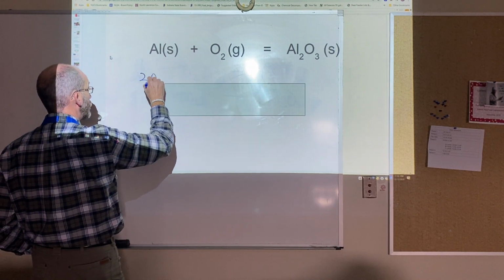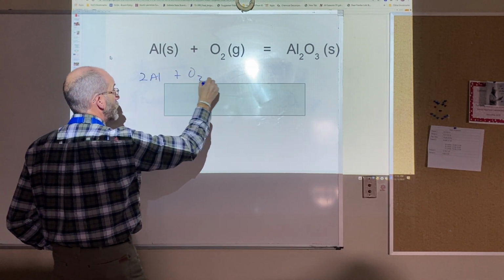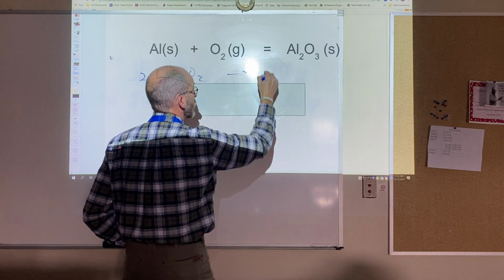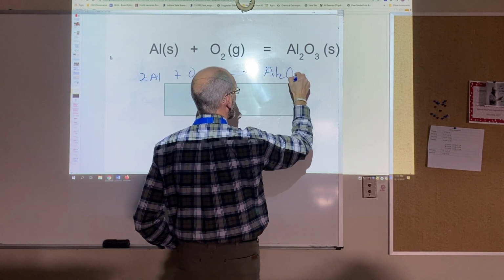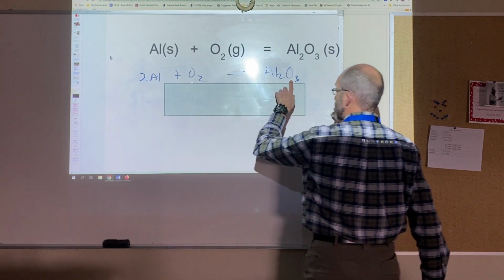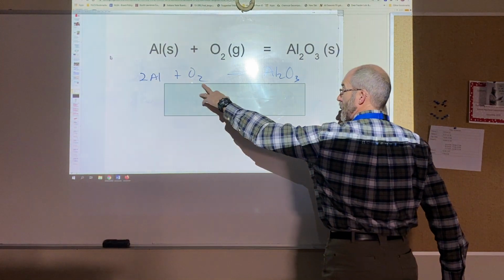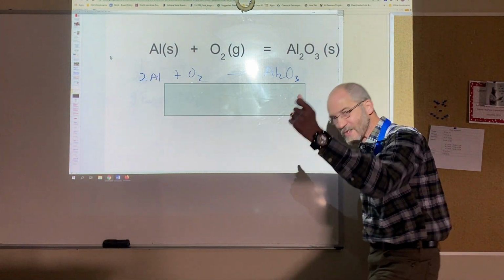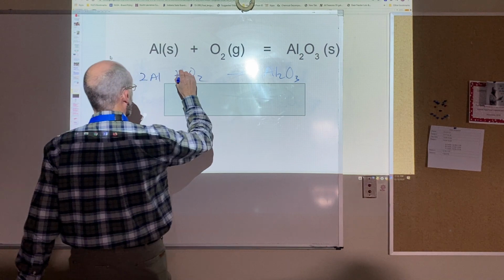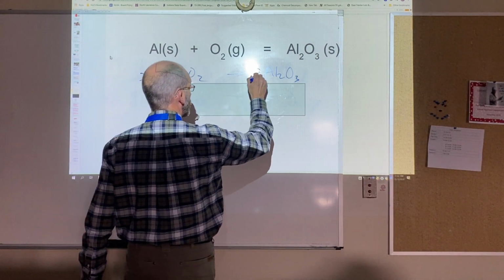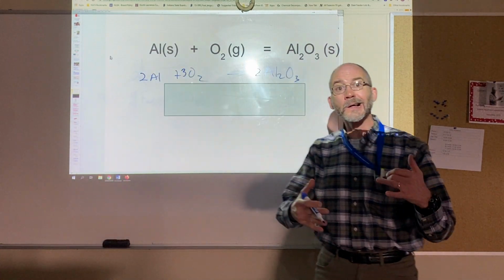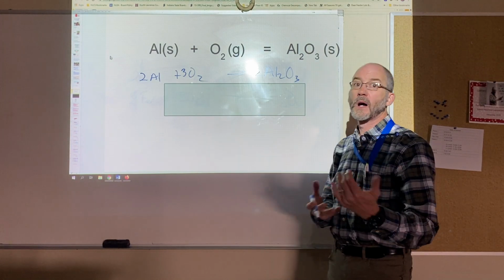Well, I could put a 2 in front of the Al. But the problem would be the same problem we had before. My oxygens are not balanced. Well, what's my lowest common multiple? Once again, you're like, oh, it's 6. Yes, it's 6. So I'm going to put a 3 in front of that and a 2 in front of that. But then that unbalances my aluminums.